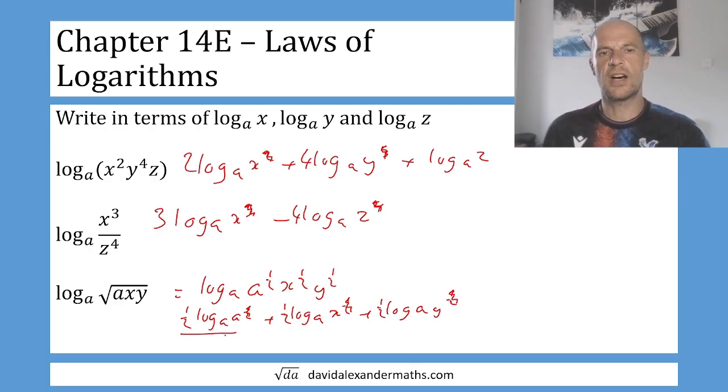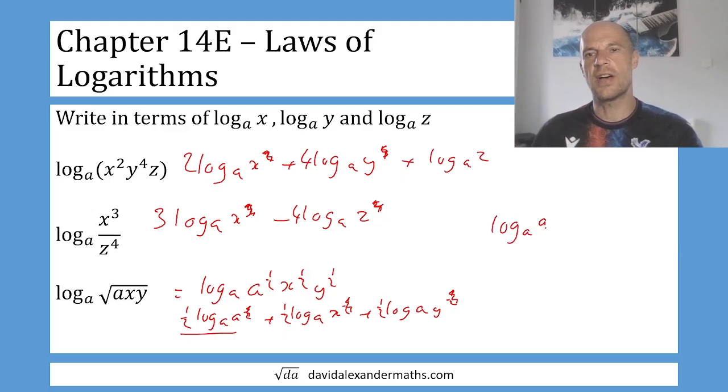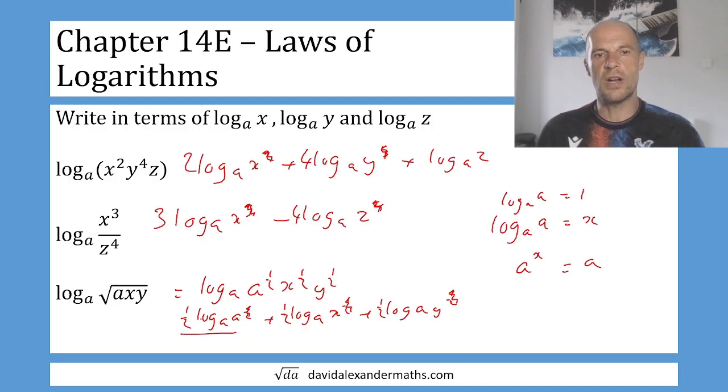Let's just have a quick look at the half log a of a. So, what is the value of log a of a? Log a of a equals what? What that means is a to the power of x equals a, so therefore x must be 1. So the log a of a is 1. So therefore, if the log a of a is 1, we can just get rid of this.